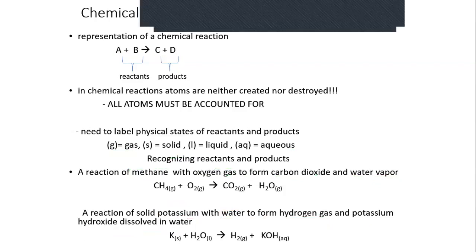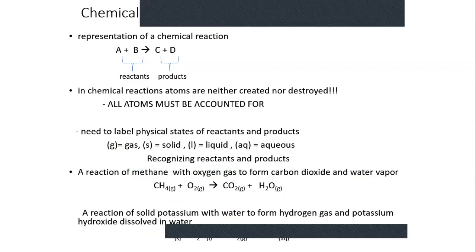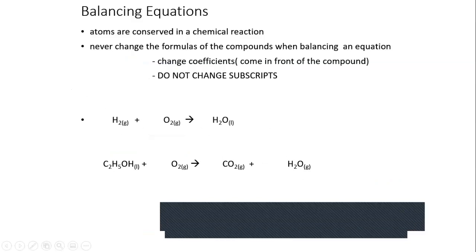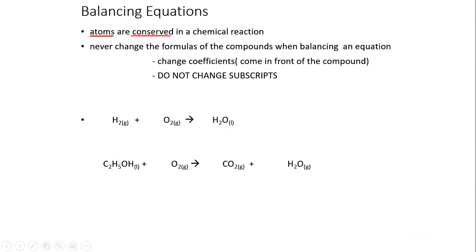Now we're going to look at balancing chemical equations. So when we're balancing chemical equations, what you have to remember is that atoms are conserved. There's no net loss of a particular type of atom. Secondly, never change the formulas of the compounds when balancing equations.